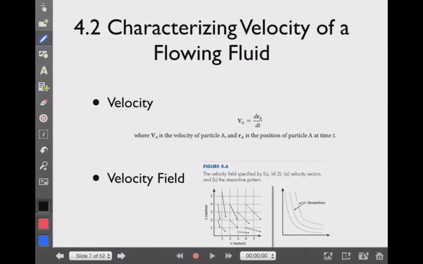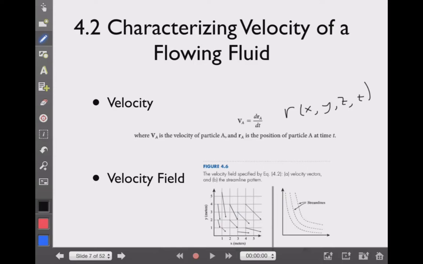We know that the definition of velocity for an object or a particle is the time derivative of the position. And so R in general here is a function of position and time.